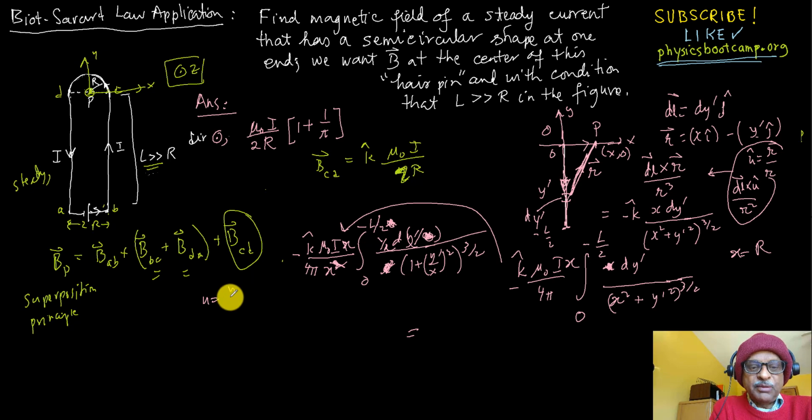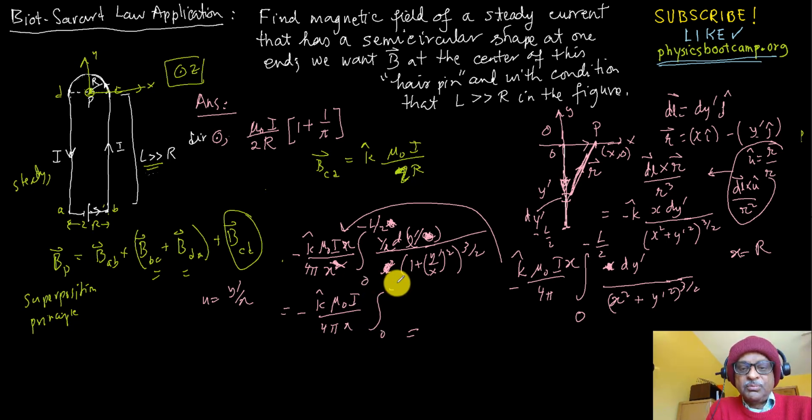So u equals y prime over x, and so this is going to be turned into minus k hat mu naught I over 4 pi x, integral from 0 to minus L over 2 of du over (1 plus u square) to the 3/2.